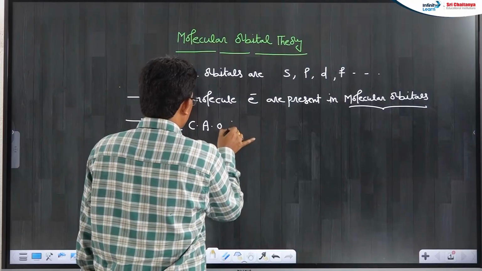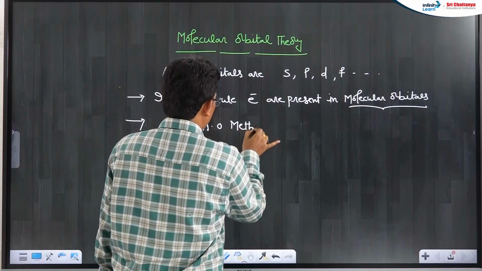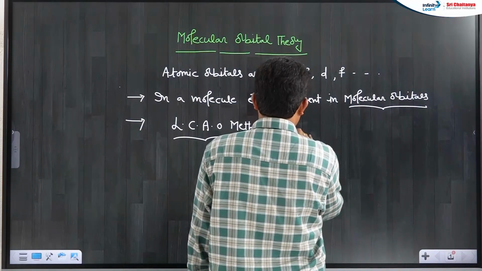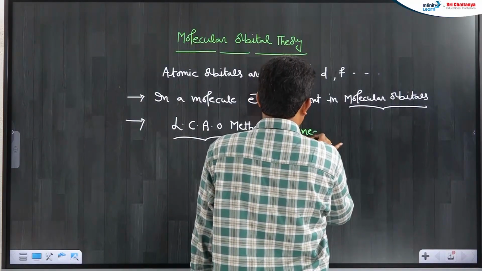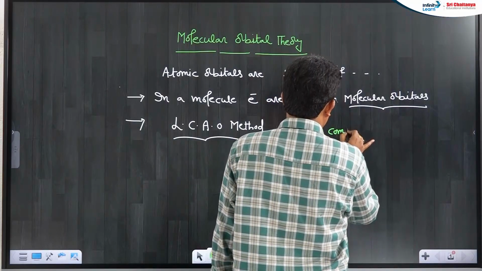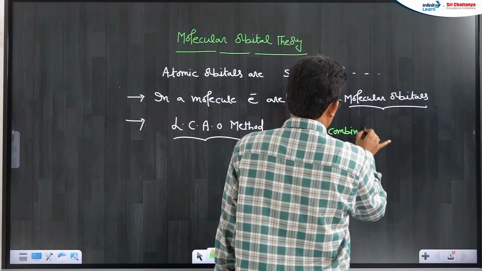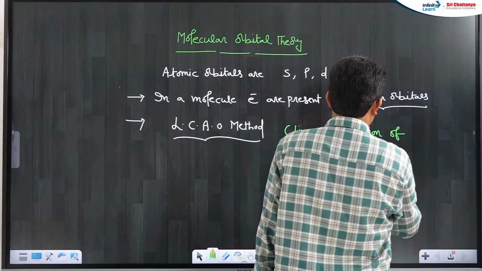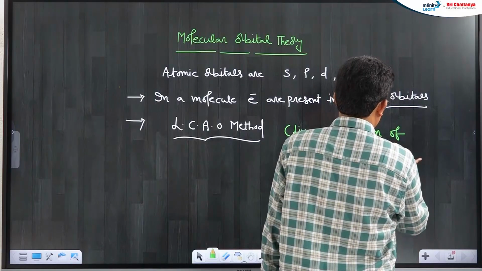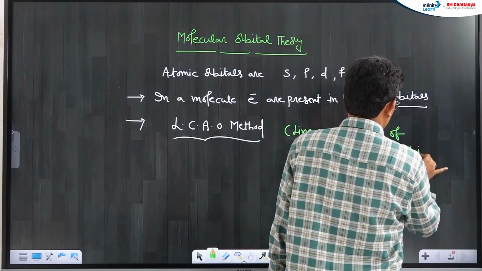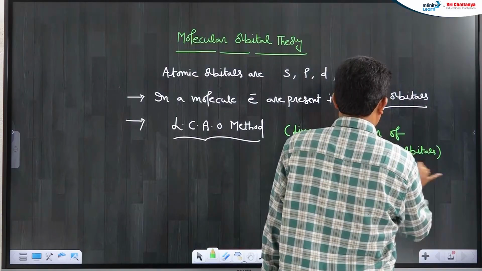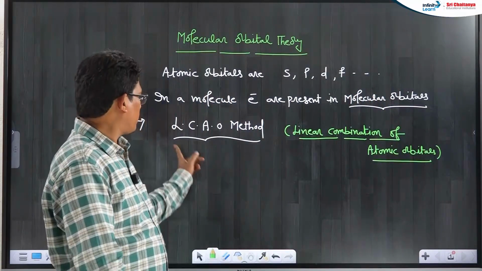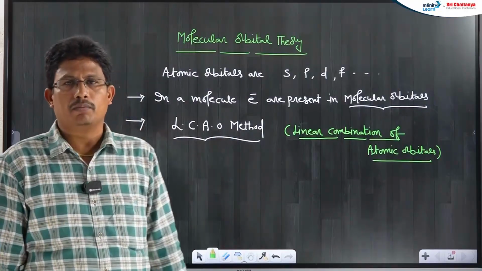LCAO is nothing but a linear combination of atomic orbitals. Molecular orbitals are formed by this method.